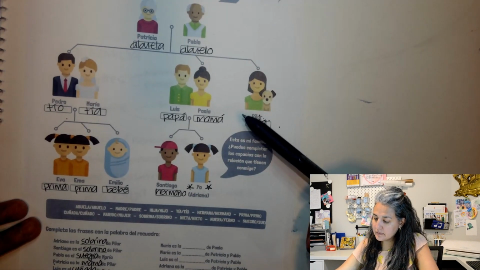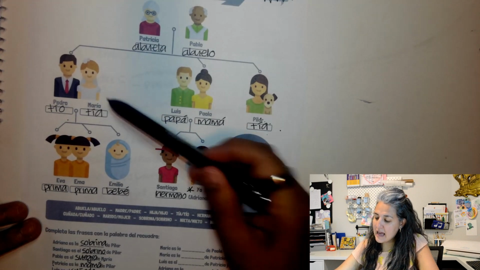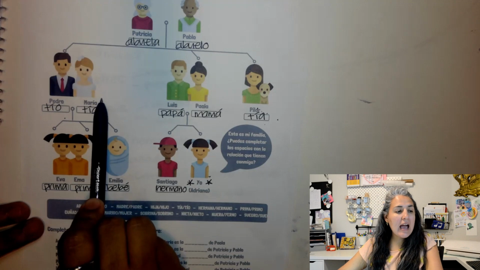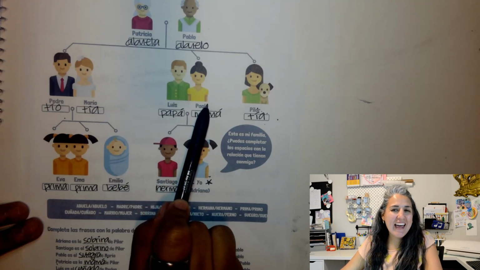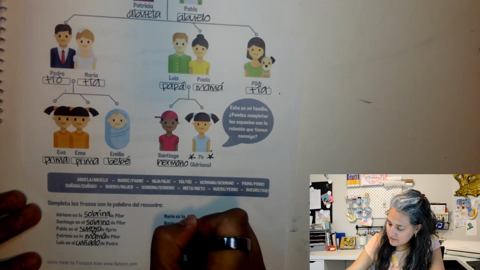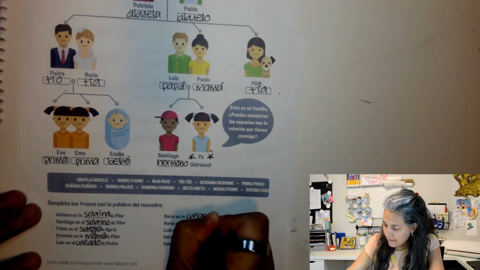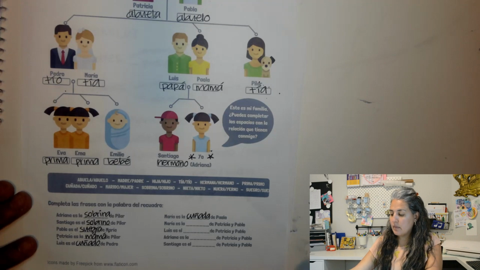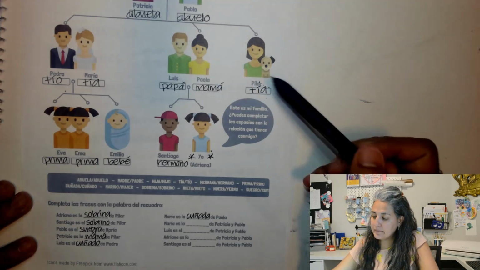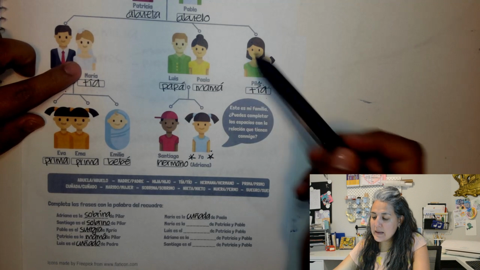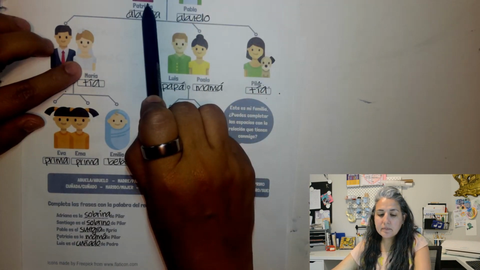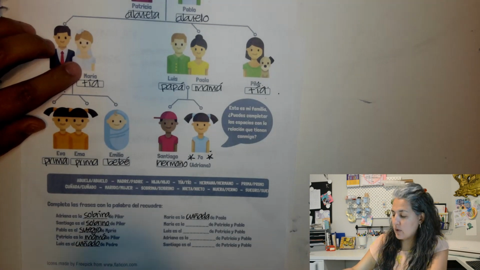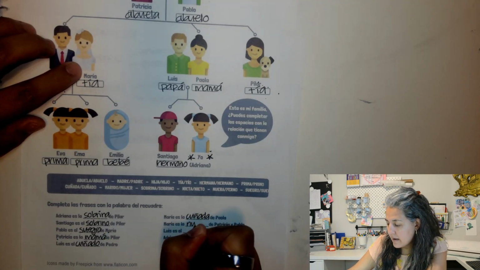Let's try a couple more. María es la de Paola. María es la cuñada de Paola. Cuñada. It ends with an A because they're girls, sister-in-law. María es la que de Patricia y Pablo. I don't think we added this word when we did the other vocab, but it's nuera.